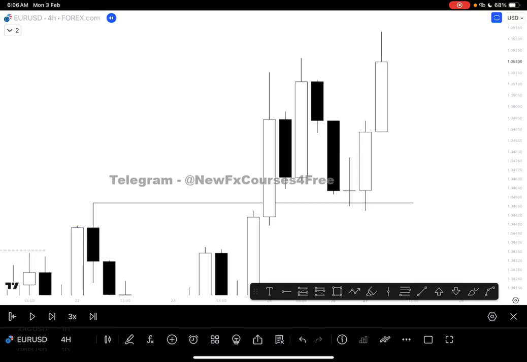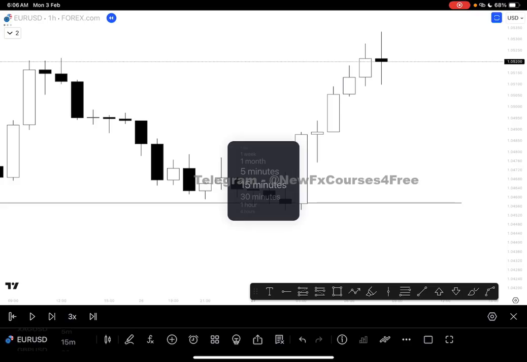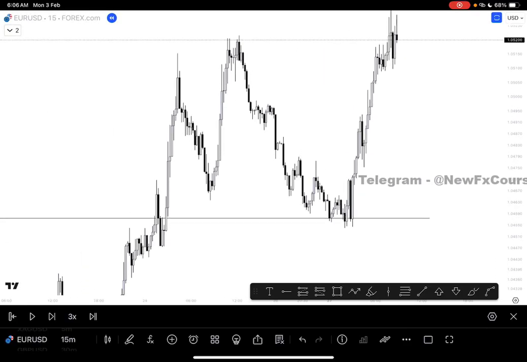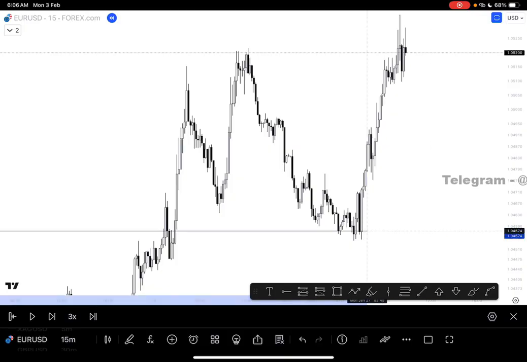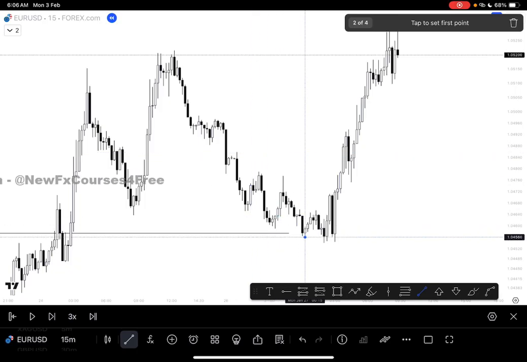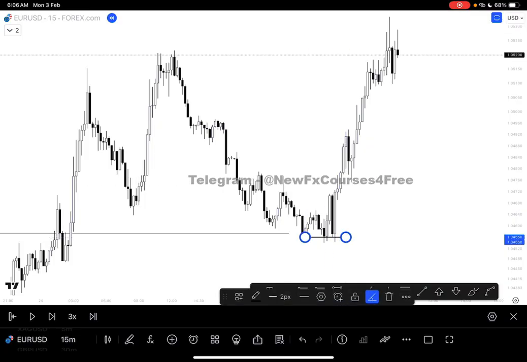So we got our 4 hour key level going down to the 15-minute time frame here. And we got a total soup into this key level with this move.